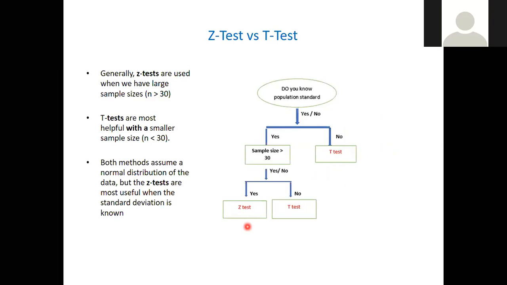Even when the sample size is large, we have already demonstrated that the t-test approximates the z-test. The t distribution is like the z distribution. So whether the sample size is very small or large, the t-test is appropriate. I don't know if you get the logic.